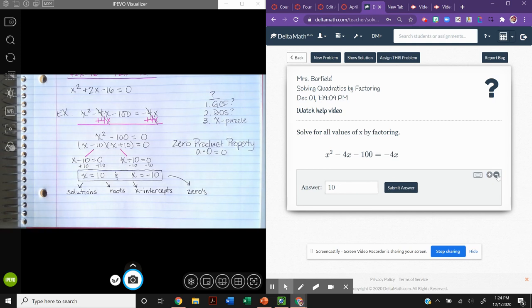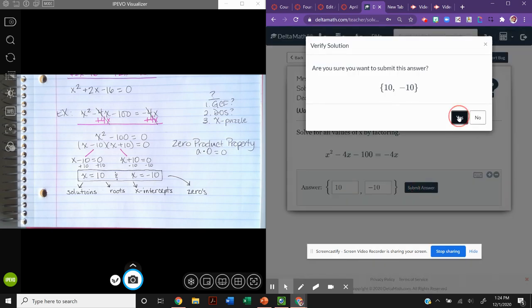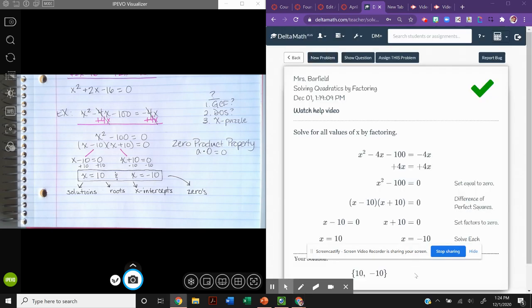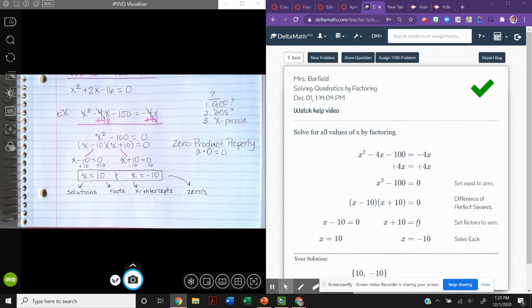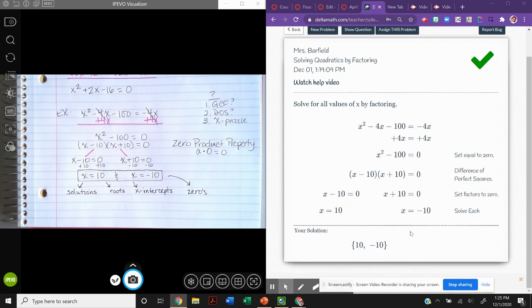You can also hit this plus, and it'll give you another answer box. But if you type 10 comma, the answer box will appear because you have to have two separate boxes for Delta Math. Submit my answer. Yes. If I move this out of the way, there you go. I'll come back in another video and do another couple of examples.